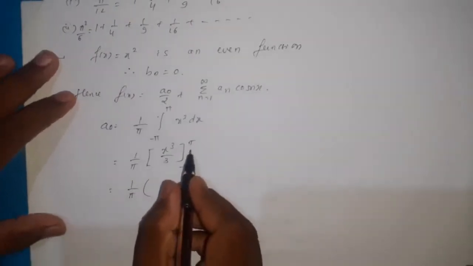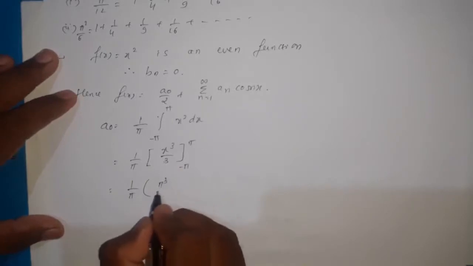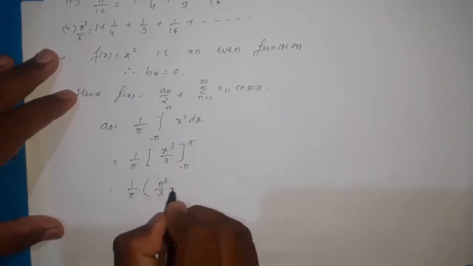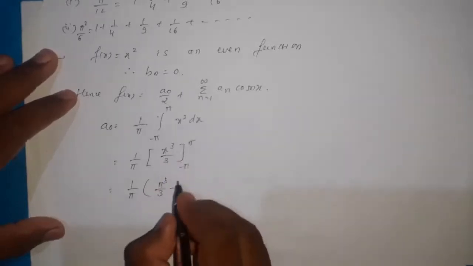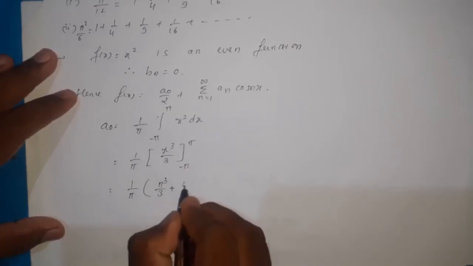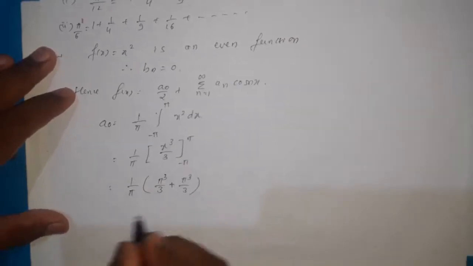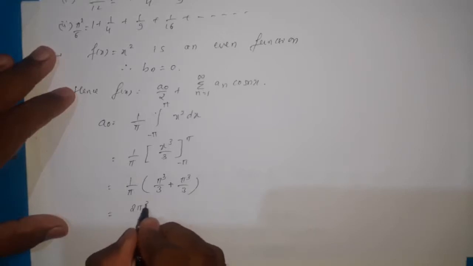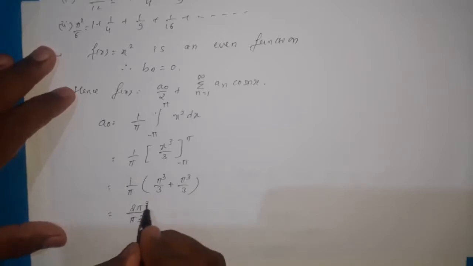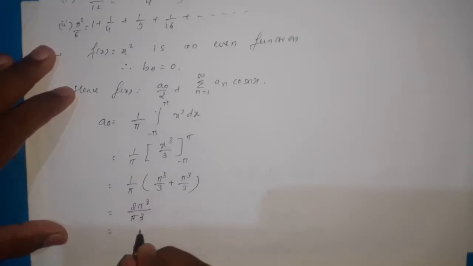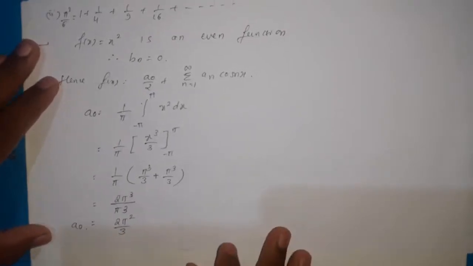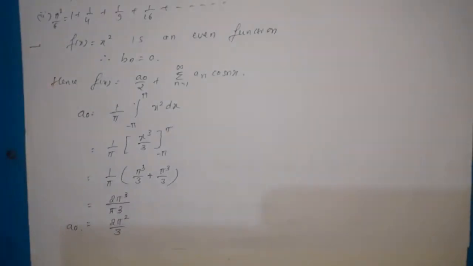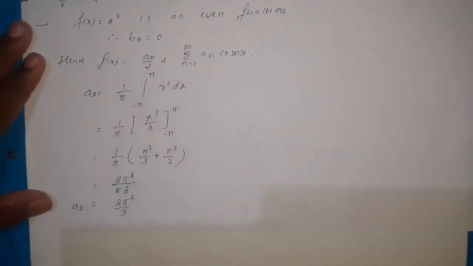Here put the upper limit, that is pi cube divided by 3 minus x equal to minus pi, that is minus pi cube, so this becomes plus pi cube divided by 3, which is equal to 2 pi cube divided by 3 pi. So pi and pi will get cancelled, which is equal to 2 pi square divided by 3, that is the value of a0, 2 pi square by 3.